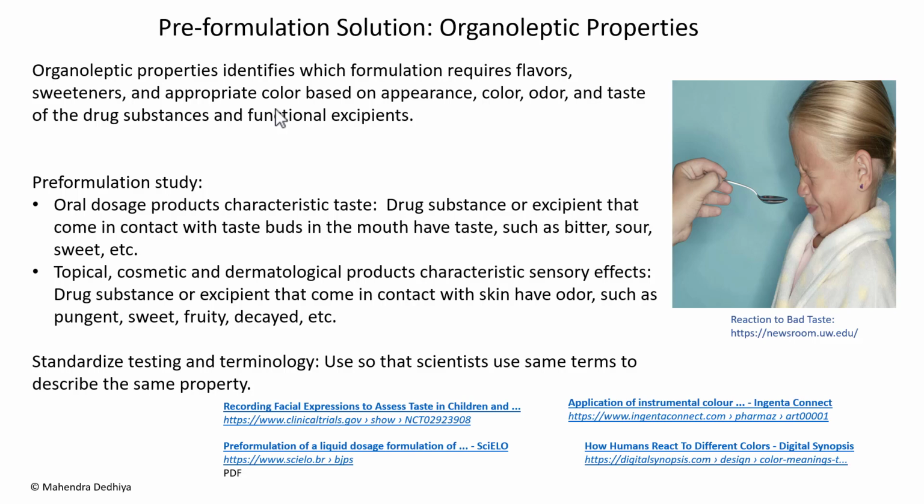FDA looks at organoleptic property as one of the QbD, quality by design, criteria for oral solutions. In preformulation studies, drugs and excipients that come in contact with taste buds are described as bitter, sour, sweet, etc.